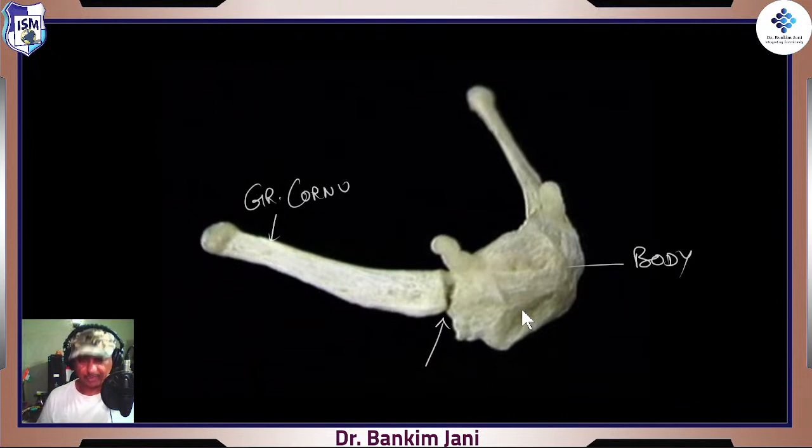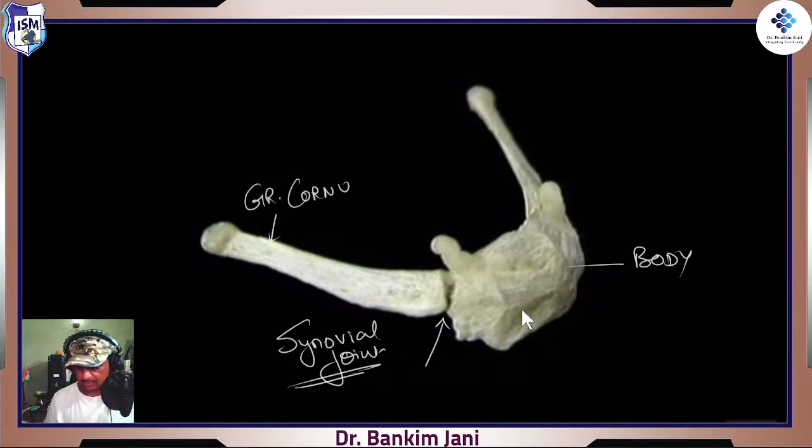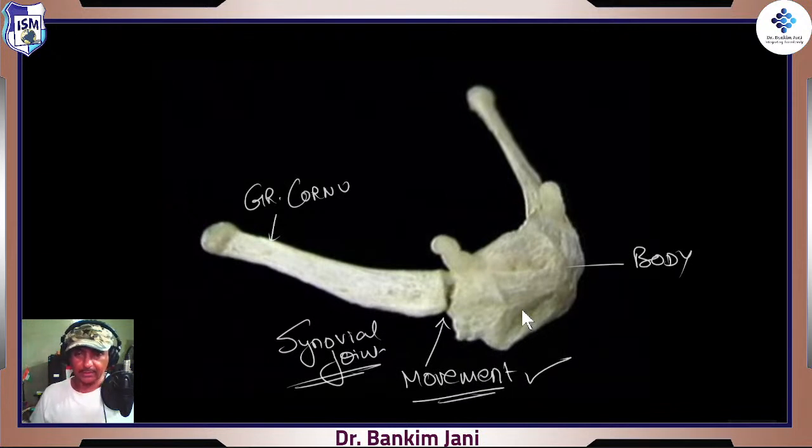It's not a fracture, but it is a synovial joint between that greater cornu and the body. And that's the reason it gives some movement. Some movements will be possible. So that's the synovial joint.